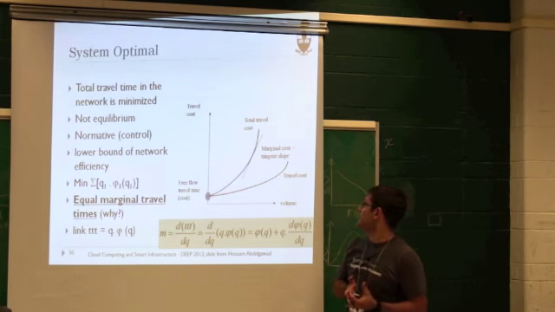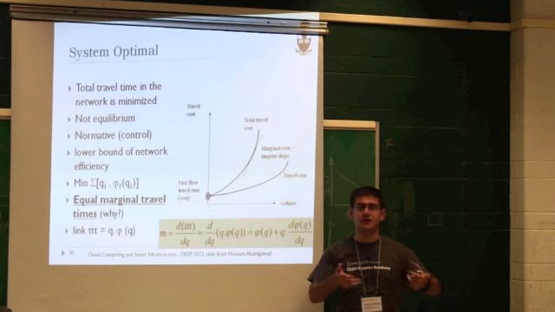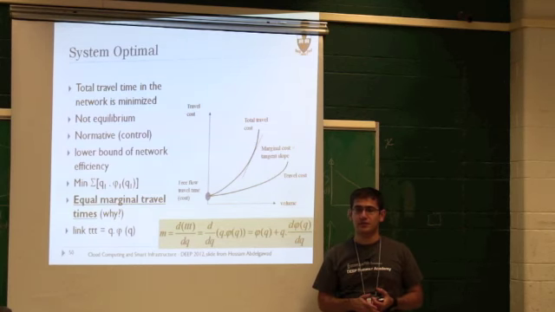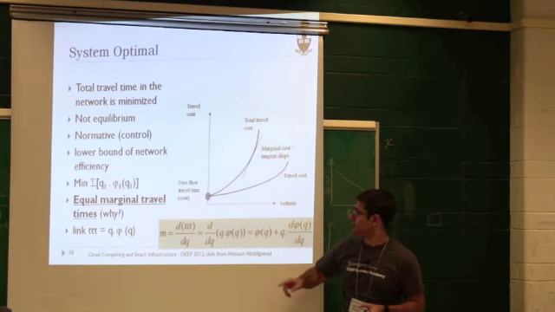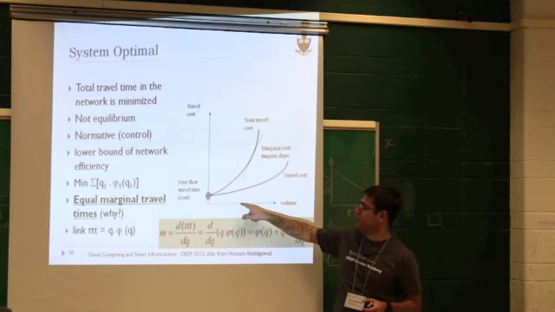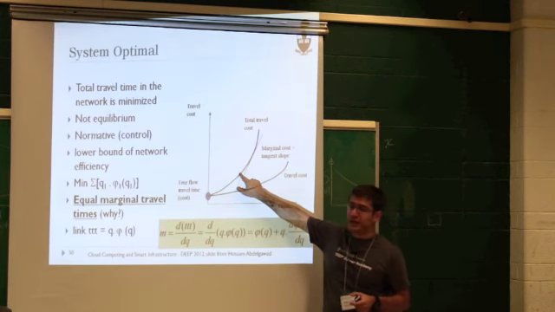I want to make sure you understand this curve. If I have 100 vehicles, where do I find it? Which axis do I find it on? X-axis. Okay, so I start from here, I go to 100. And then what do I do? I go up to link 1.